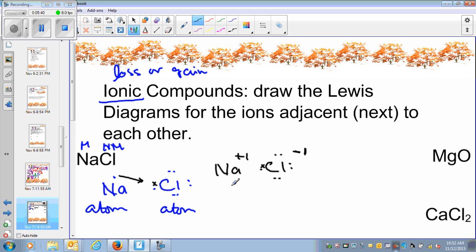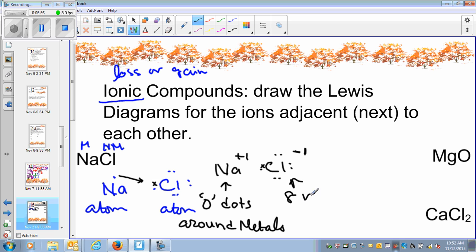When we do the diagram of ionic compounds, we must show 0 dots around metals, because metals always lose electrons, and we must show 8 valence electrons around nonmetals.